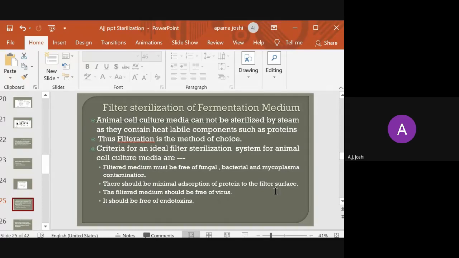There are chances that the proteins may get adsorbed to the filter material. So the filter should be selected in such a way that there is minimal adsorption of protein to the surface of the filter.